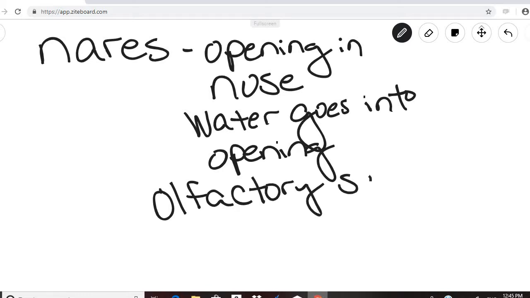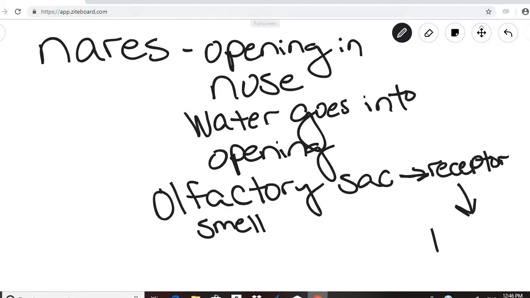Anytime you see the word olfactory, you're dealing with smell. And then from the olfactory sacs, there are receptors that sense the smell, and then that information gets sent to the brain. So the big idea here is that olfaction is smell, and in the case of a shark, the water flows in, and the receptors in the olfactory sac pick up that scent from whatever is in the water.